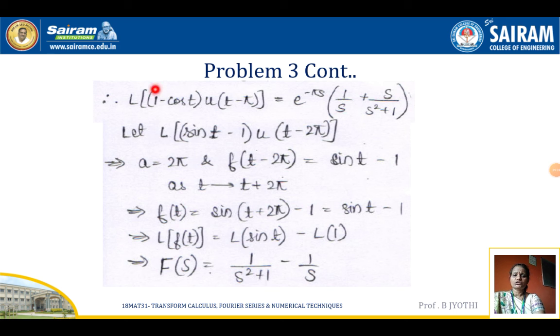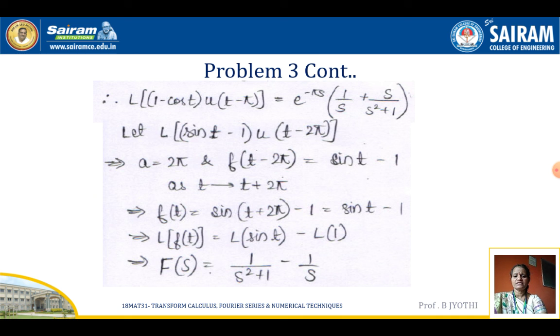Next, L of 1 minus cos t into u of t minus pi is equal to e power minus pi s into 1 by s plus s by s squared plus 1, and L of sin t minus 1 into u of t minus 2 pi. A is equal to 2 pi. So f of t minus 2 pi is equal to sin t minus 1. As t tends to t plus 2 pi, so f of t is equal to sin of t plus 2 pi minus 1, that is sin t minus 1, because sin of t plus 2 pi means again it will come in the first quadrant, therefore we are getting only sin t.